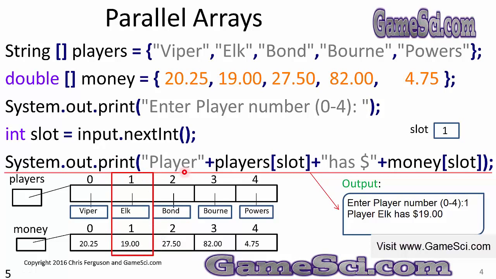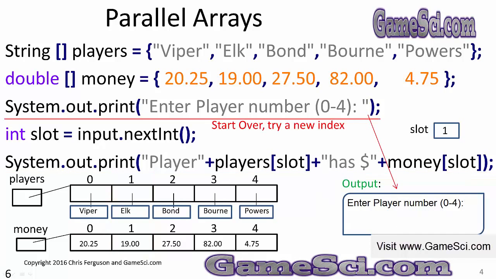Position 1 for the player array says that player is named Elk. But that player has this amount of money. So I go to slot 1 of the money array and I find the 19, and that's what we mean by parallel arrays. Access the players array to get the name for this output. Access the money array for the corresponding amount that that player has.